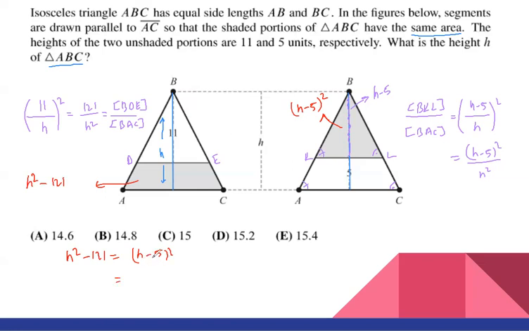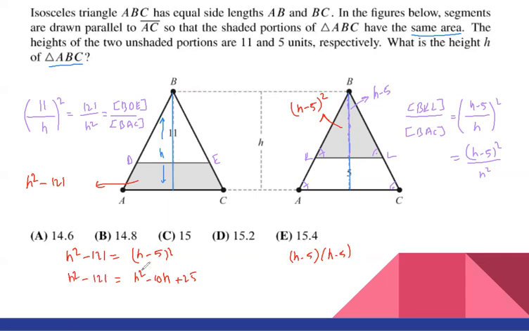If you don't, just write h minus 5 times h minus 5. h times h is h squared, which will cancel with this. h times minus 5 is minus 5h, minus 5 times h is another minus 5h, which makes minus 10h. And minus 5 times minus 5 is 25. And then the other side is h squared minus 121.